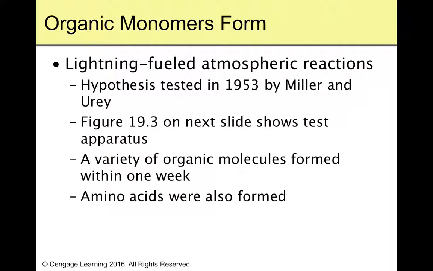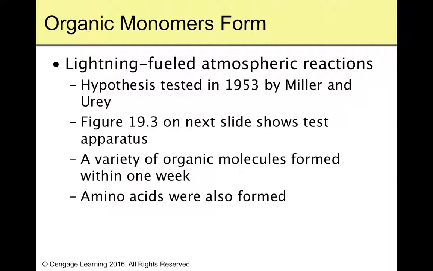So here we go. Number one, lightning-fueled atmospheric reactions. Super cool experiment, 1953 by Miller and Urey. I'll show you the test apparatus here. But basically what they did was they made some educated guesses, hypothesized about what molecules might have been in our gases in the early Earth's existence, like methane and carbon dioxide and that kind of stuff.